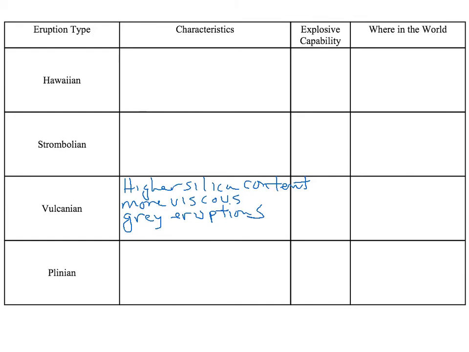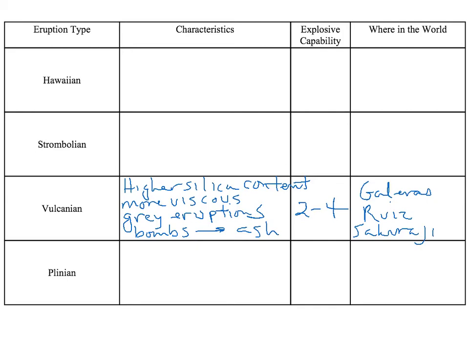We're talking about bombs all the way down to ash-sized particles. The type of VEI eruptions that you'd see here are anywhere from 2 to 4. Galeras in Colombia, Ruiz in Ecuador, Sakurajima in Japan. These are all examples of volcanic eruptions.